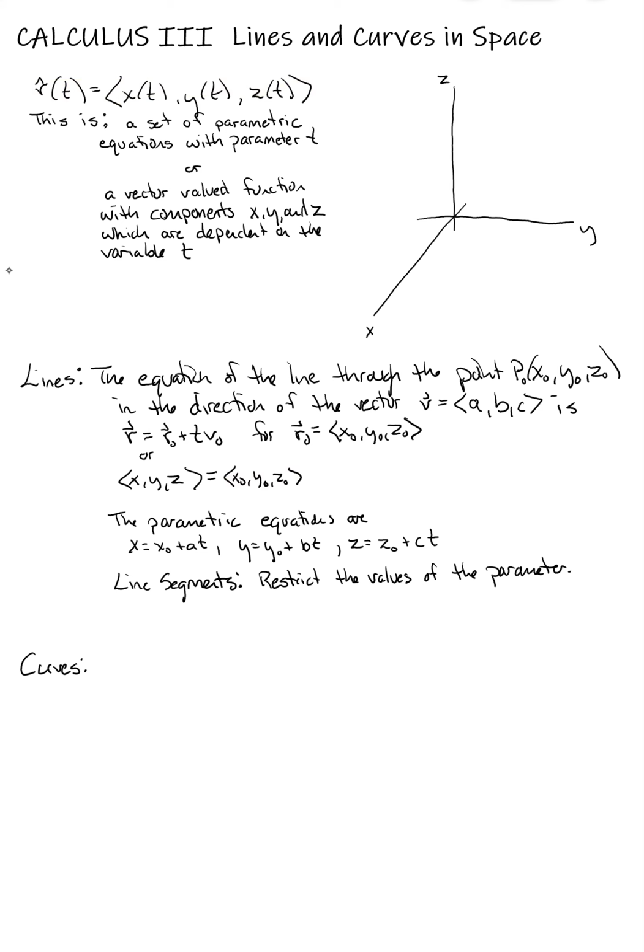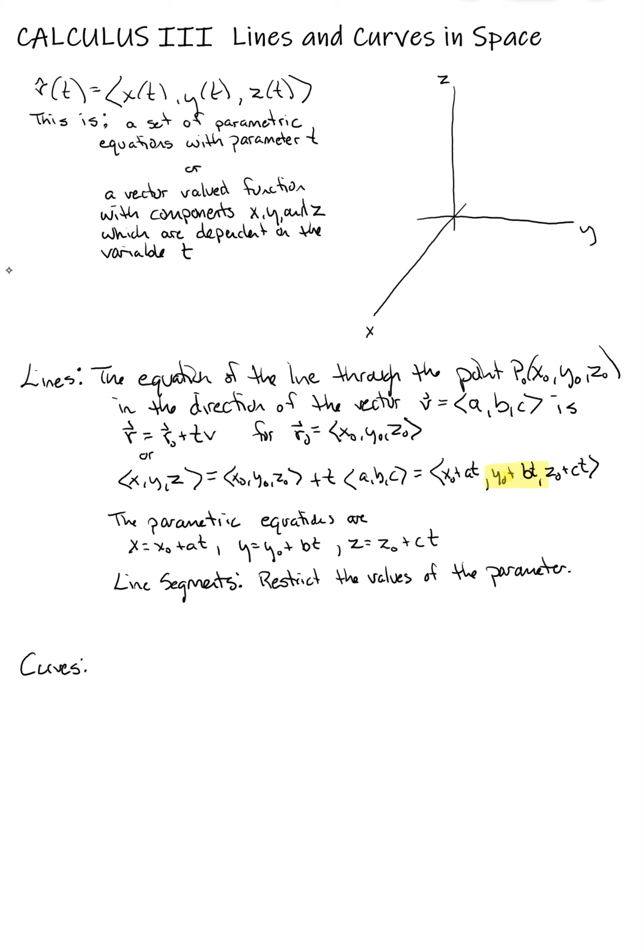There's yet another way to write this, and that is to write it as x naught plus at, y naught plus bt, and z naught plus ct. And so you'll notice what I've done for the x, the first coordinate, I take x naught plus t times a.